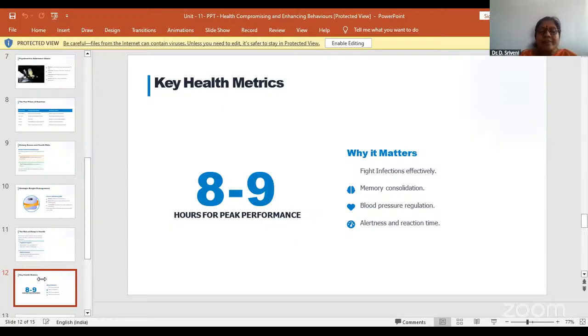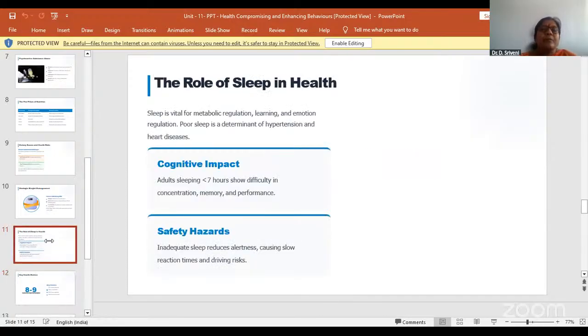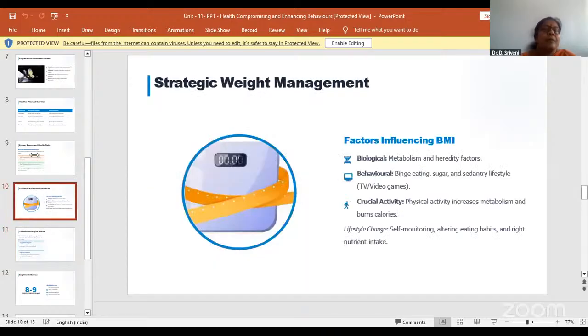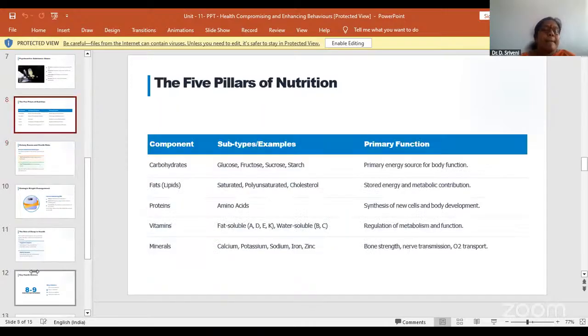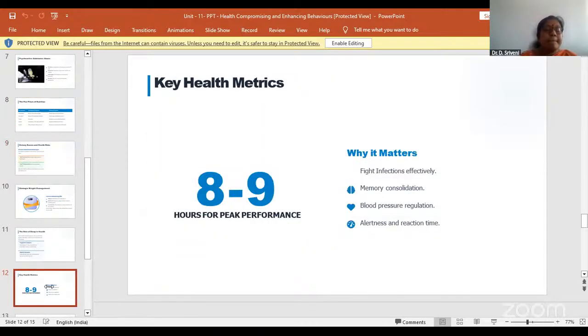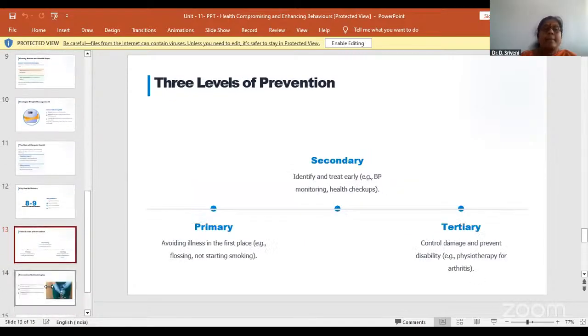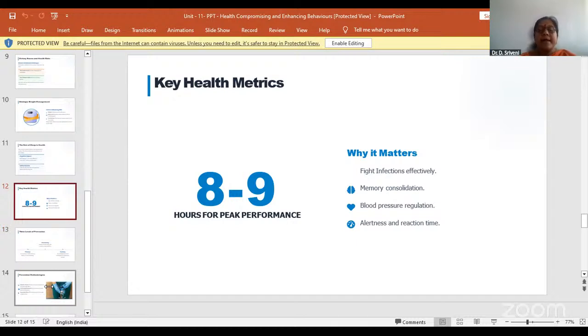So, the categories of enhancing behavior include several specific practices that are fundamental to maintaining a high quality of life. These include physical activity and exercise.